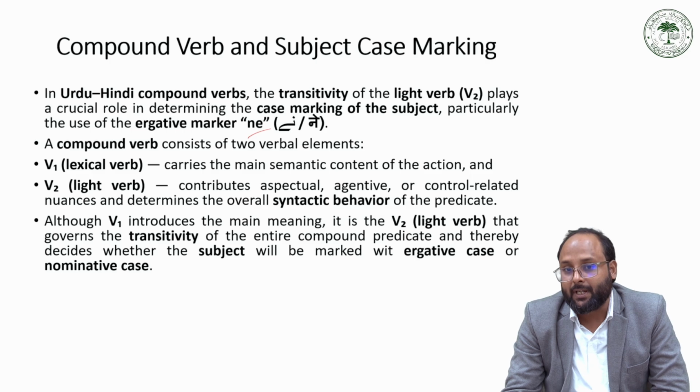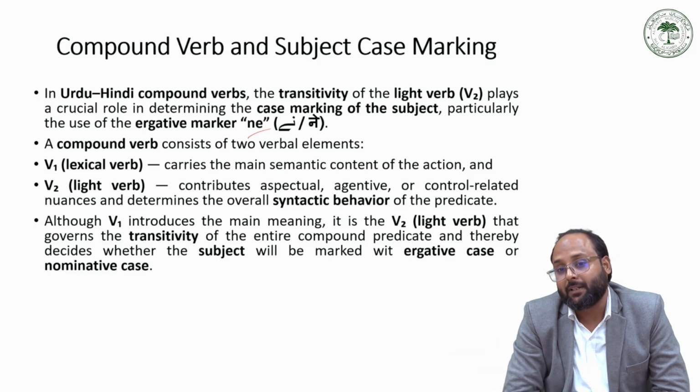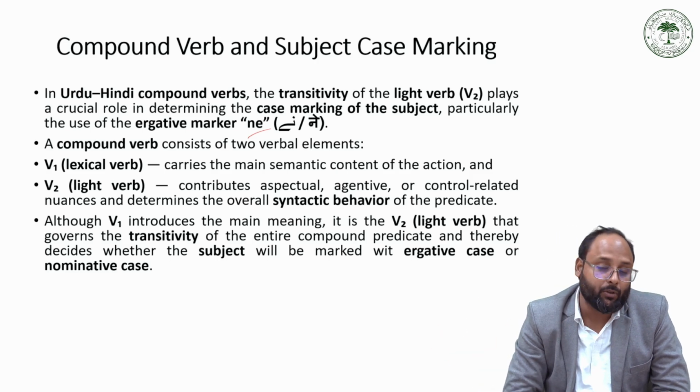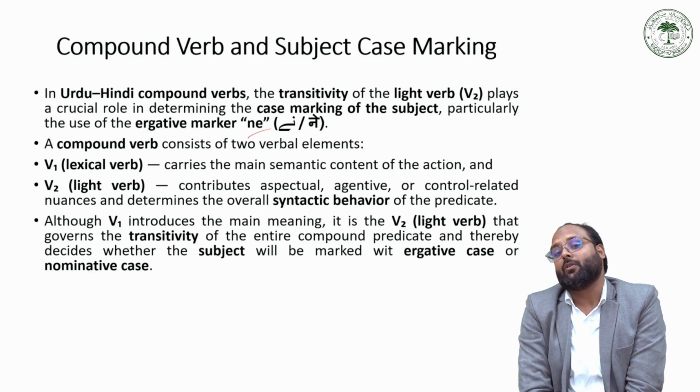So V2 is transitive, so the subject takes the ergative ne. But it also depends on the perfective aspect. If there is no perfective aspect, it will not take the ne. Like वो खाना खा रहा है or वो खाना खा लेगा. So this kind of thing does not take the ergative ne.